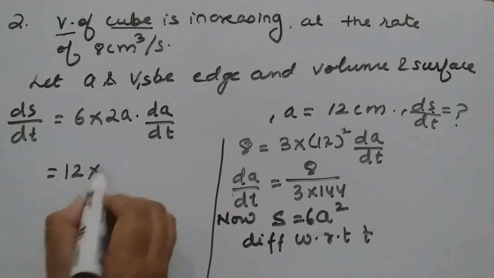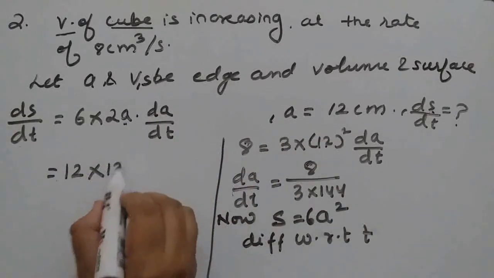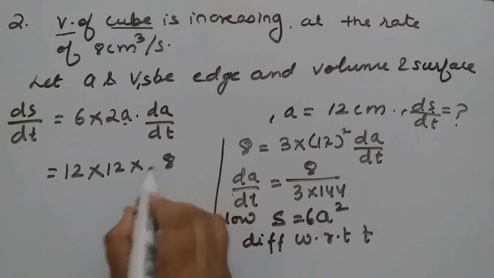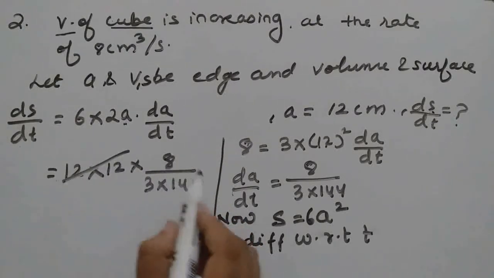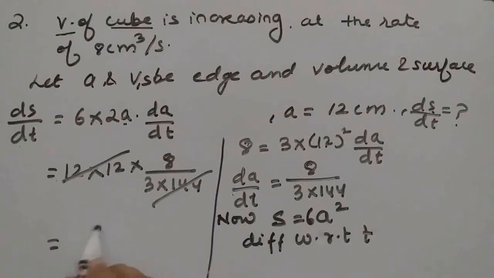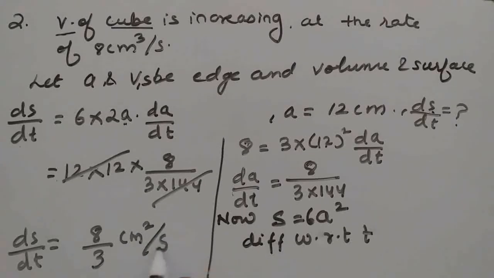So 12, and a is also given as 12. dA by dt is 8 divided by 3 into 144. So see, this 12 into 12, 144, will cancel. We get 8 by 3 centimeter square per second as the rate of change of area.